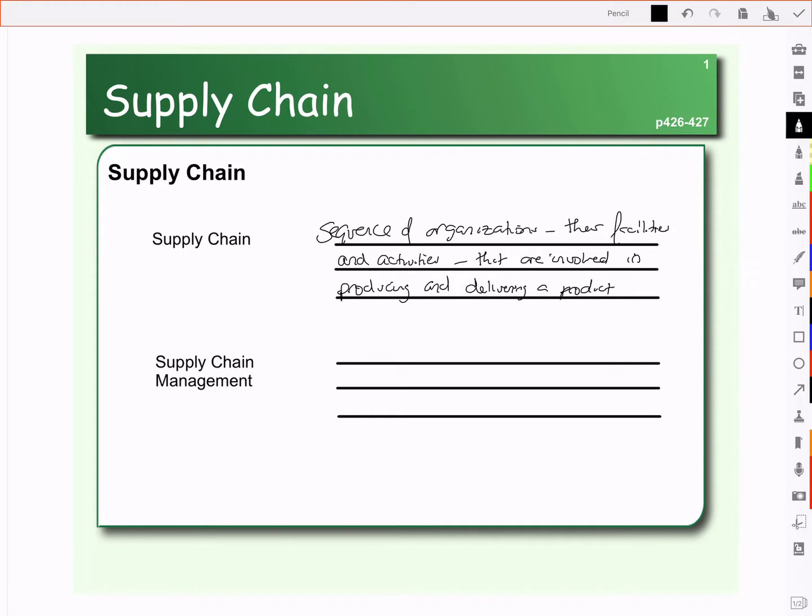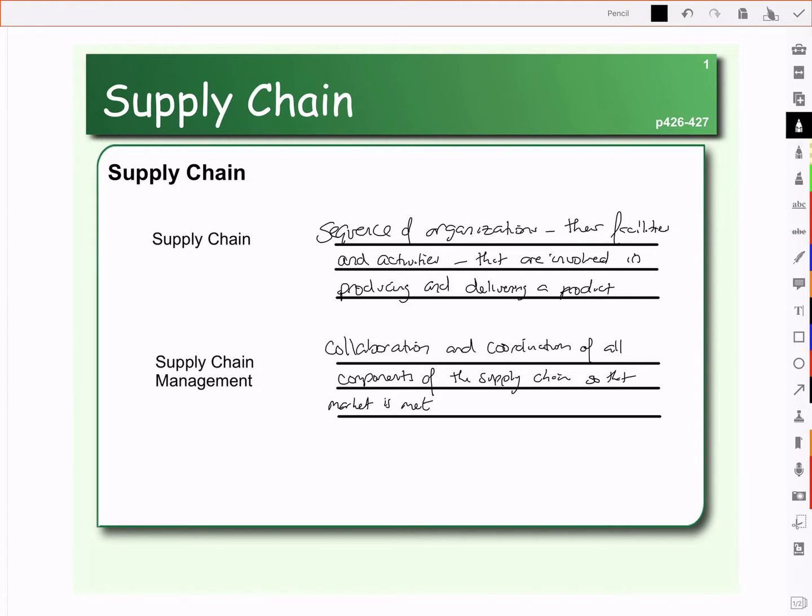So we need to have supply chain management, and supply chain management is the collaboration and coordination of all those components of your supply chain. And we're going to have that collaboration and coordination so that market demand is met.